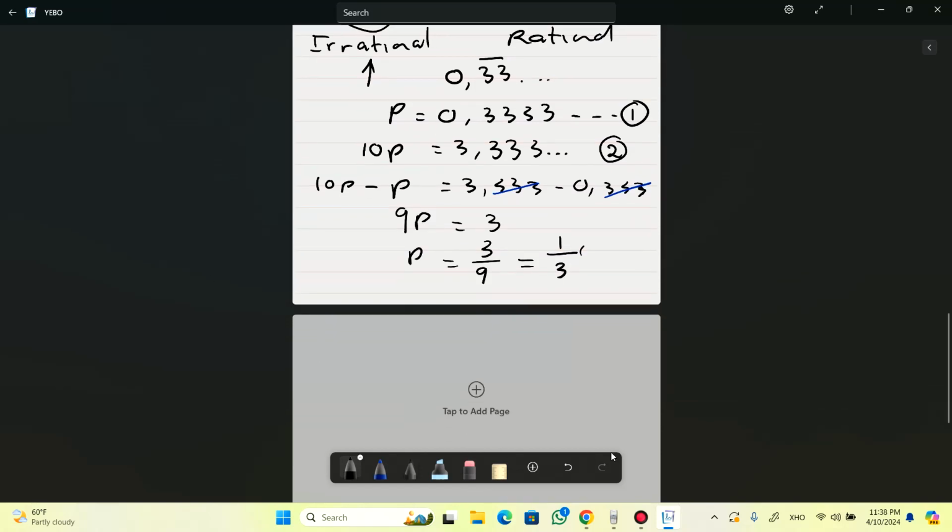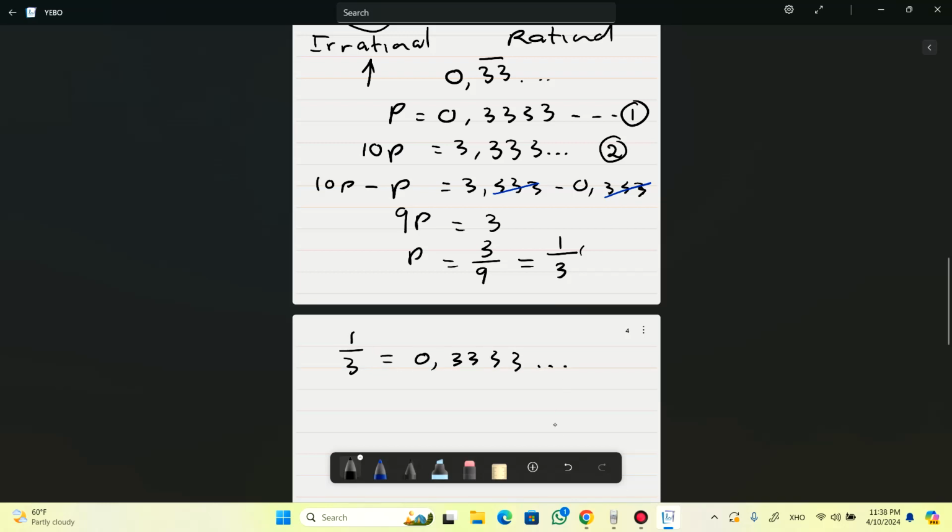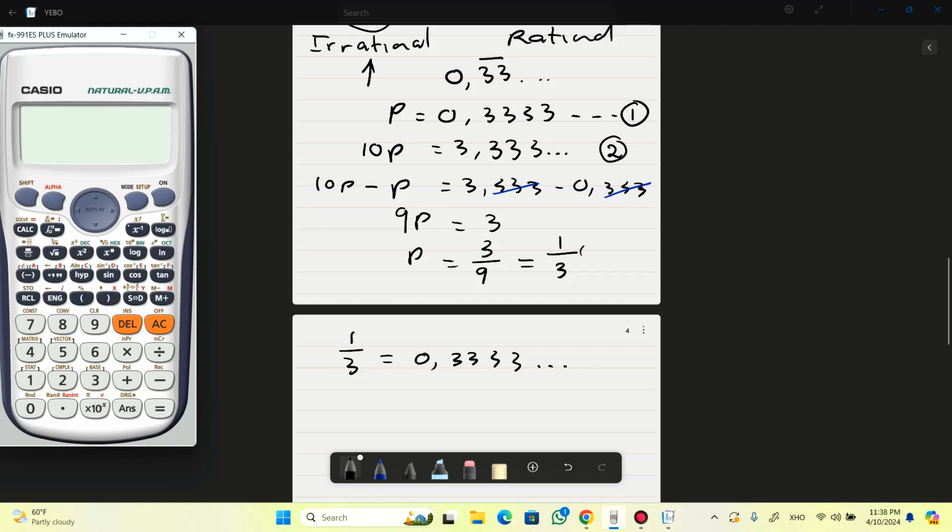So now you can see that I've changed this value without using a calculator. So 1/3 is also given as 0.3333, and so on and so forth. You can check that on your calculator. Let's say 1/3. You can see that it will give us 0.333 recurring.